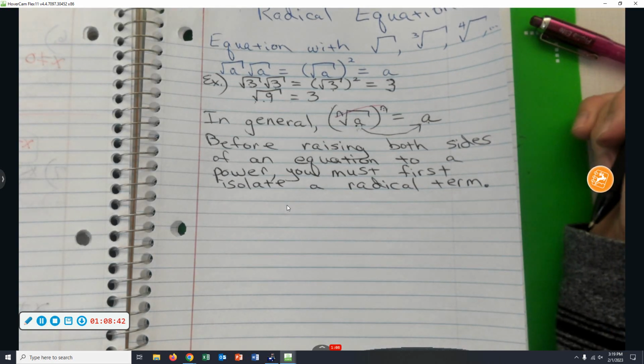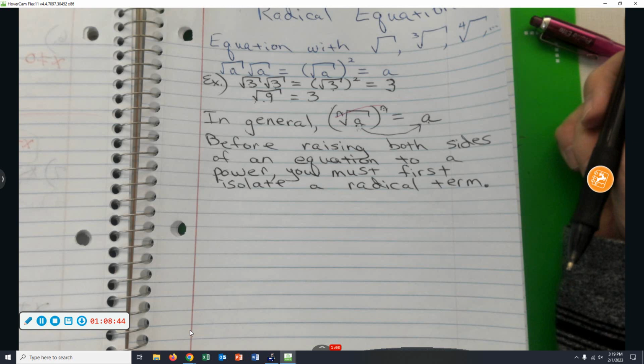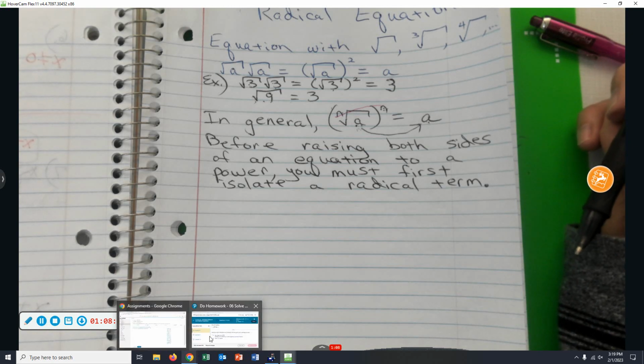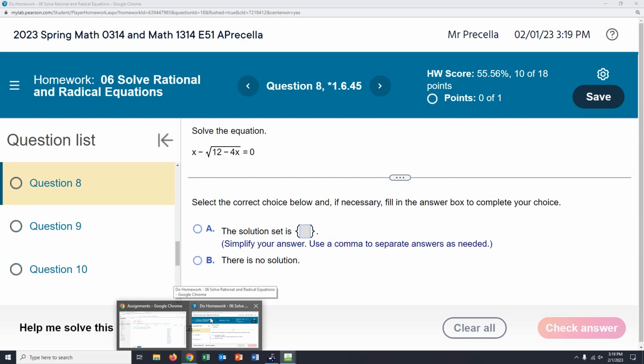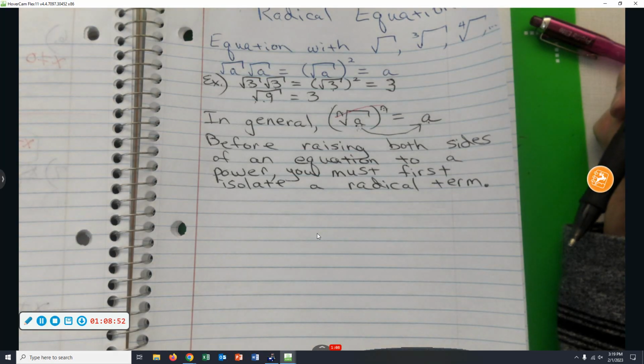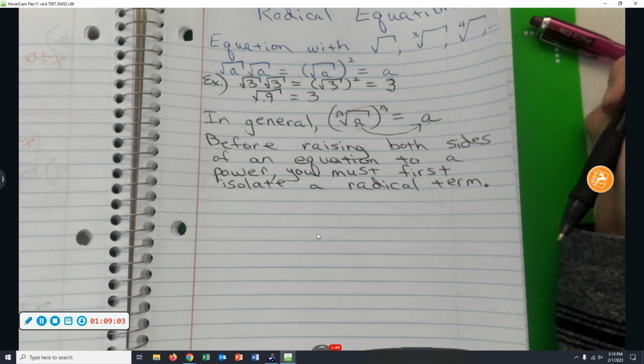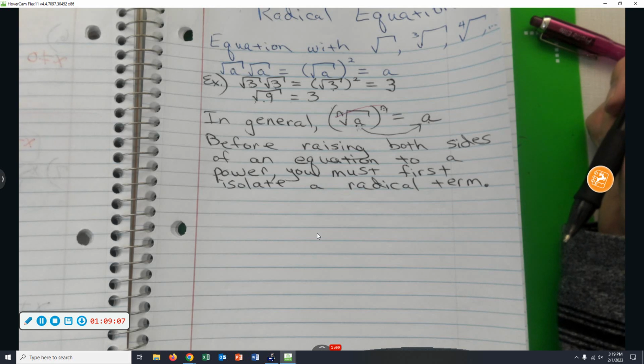Then we can use that idea of raising both sides to a power to eliminate the radical, but there's a problem. Raising both sides of an equation to a power does not guarantee equivalence. That means you can take an equation with the square root symbol, square both sides, and the solution you get may not work in the original problem.